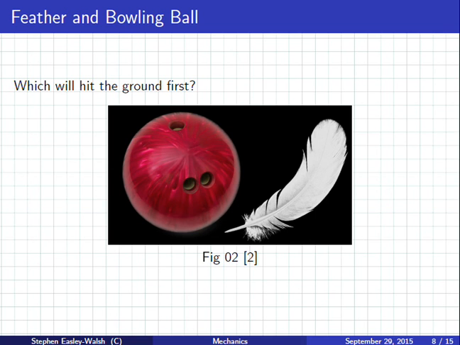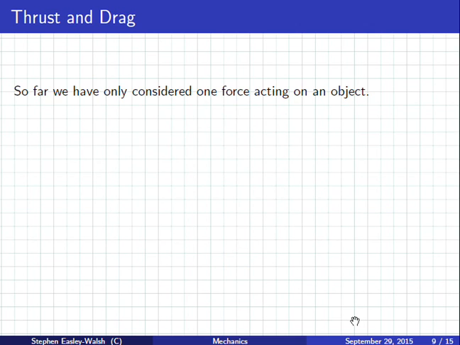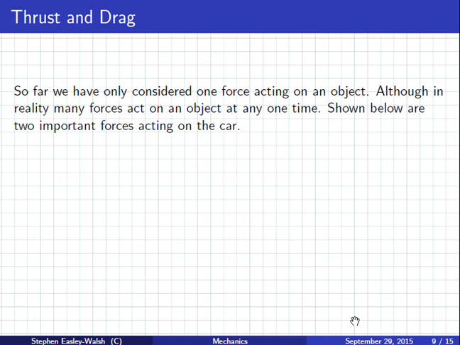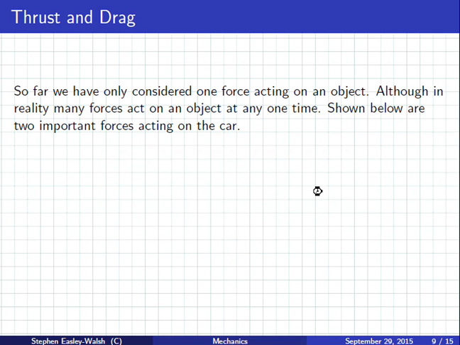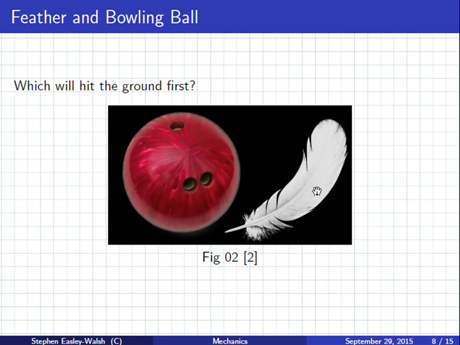Okay. So this now is more vocabulary. The force that makes it go forward is the thrust or the drive force, and the force at the back that's trying to slow it down is called the drag force. Now if you look at this picture here, which one has a drag force?